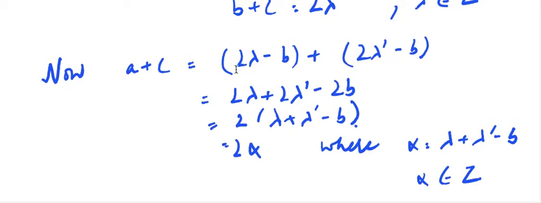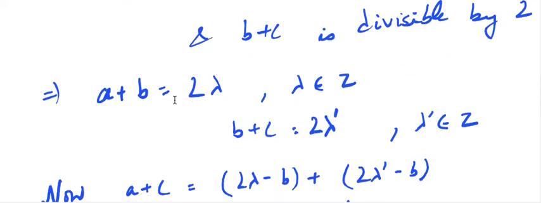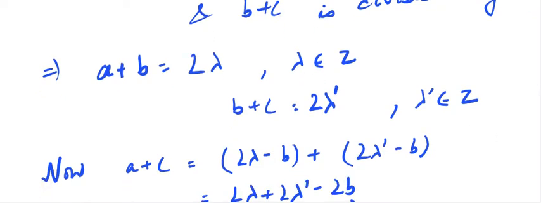Now we will have 2 lambda minus b plus 2 lambda dash minus b. From the expression above, a plus b equal to 2 lambda implies a is 2 lambda minus b, and c is 2 lambda dash minus b. From these two I have written the value of a and the value of c.